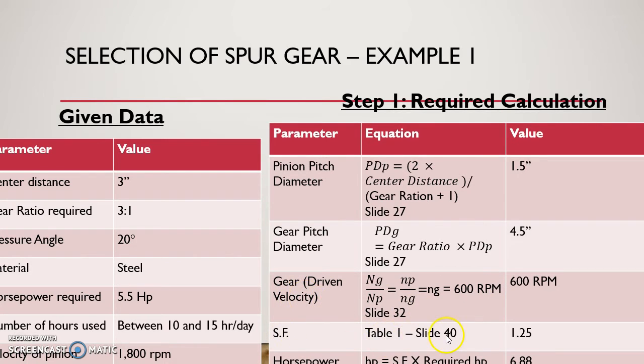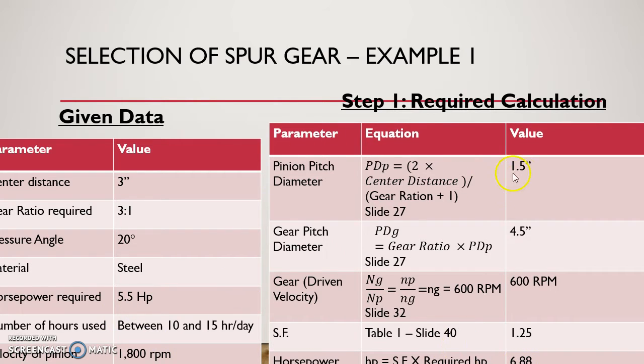Then from table 1 on slide 40, based on 10 to 15 hours per day, because we are using the agitator for pure liquid, the load is going to be uniform, and our service factor is 1.25. Then our horsepower is going to be 1.25 times the required horsepower, which is 5.5, and the answer is 6.88 horsepower.